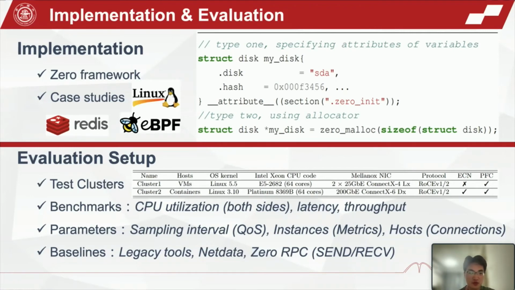The sampling interval determines the QoS of monitoring, the number of instances mainly impacts the size of metrics, and the number of hosts shows the scalability of Zero.